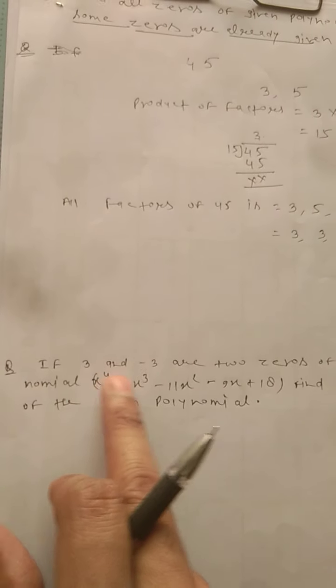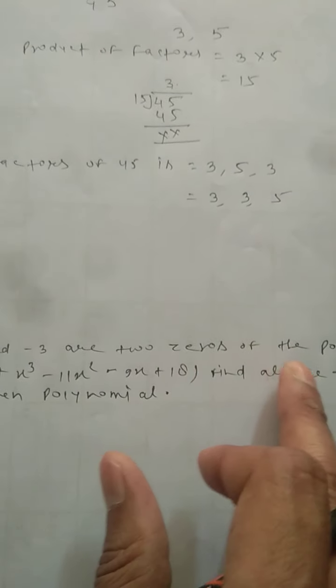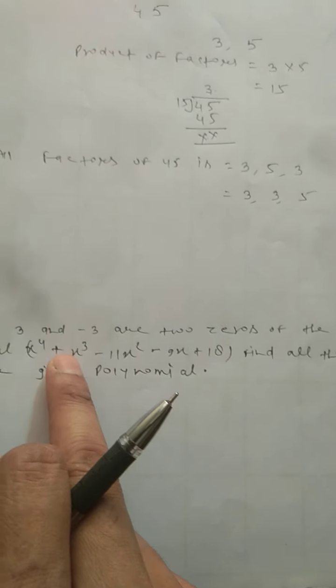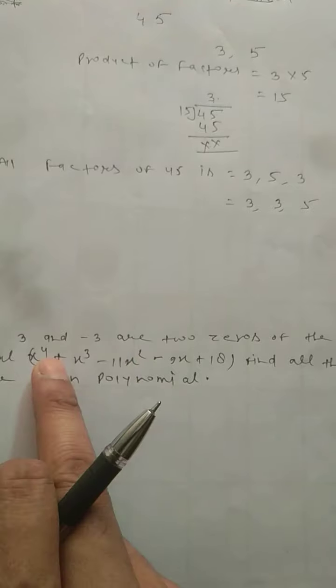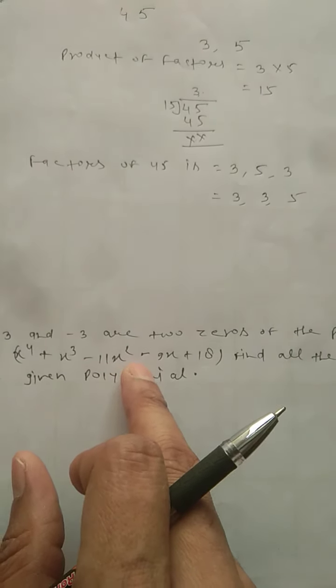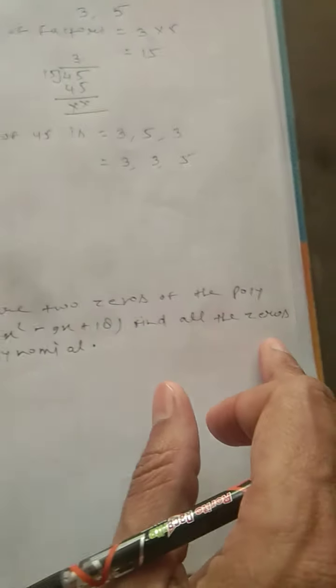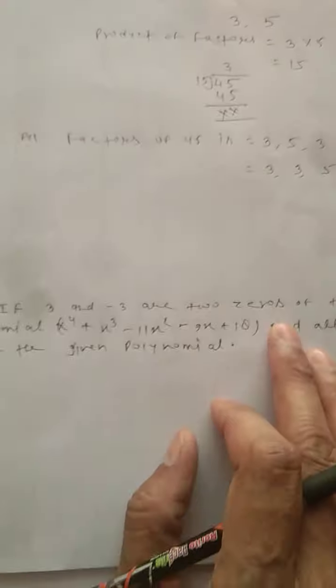If 3 and minus 3 are two zeros of the polynomial x power 4 plus x cube minus 11x square minus 9x plus 18, find all the zeros of the given polynomial.